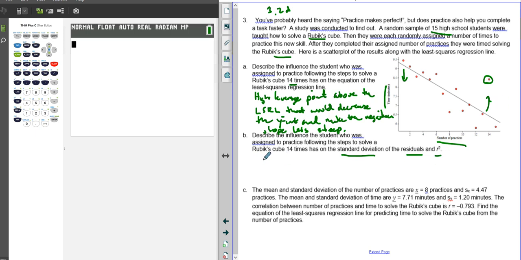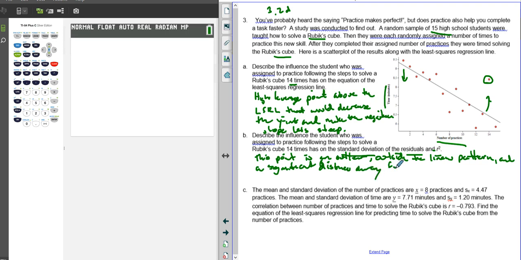Well, because this 14 is an outlier, this point is outside the linear pattern, and a significant distance away from the least squares regression line.